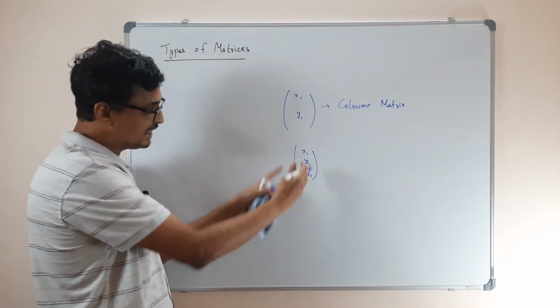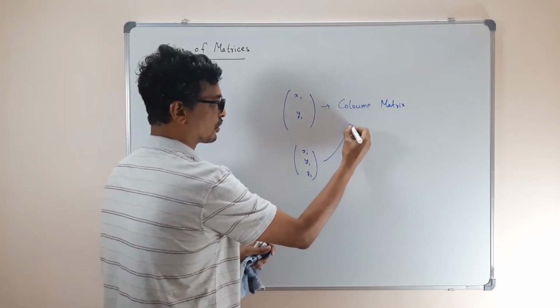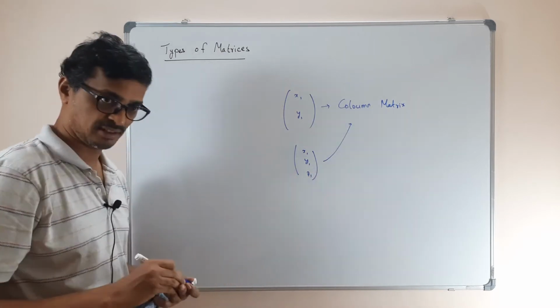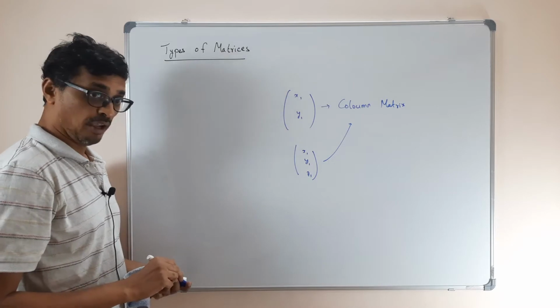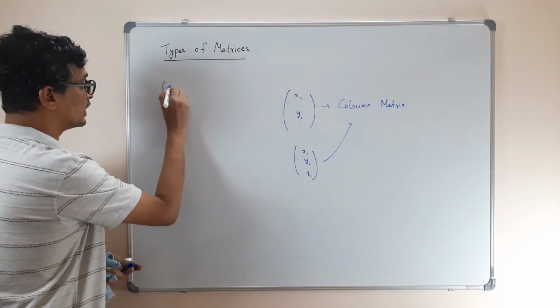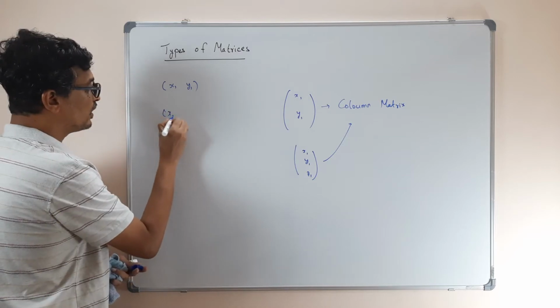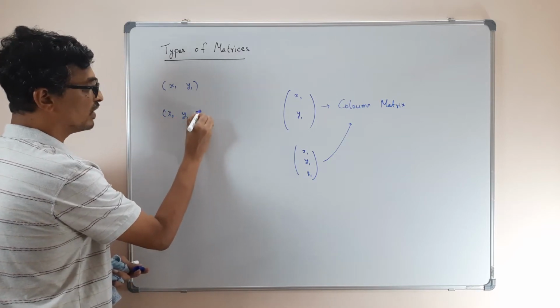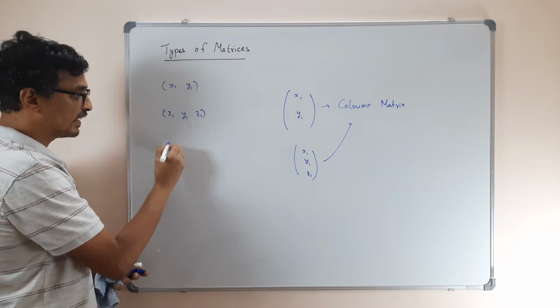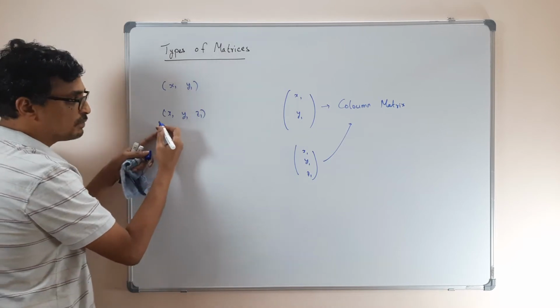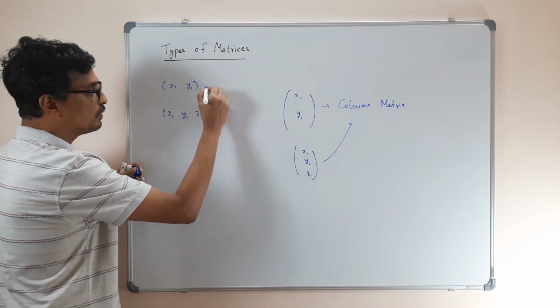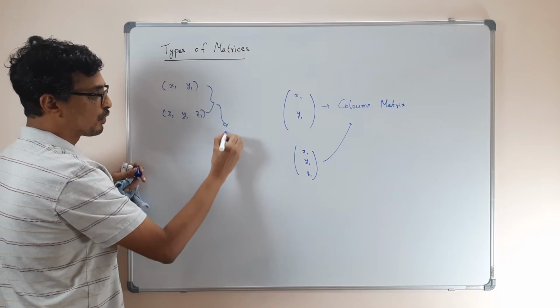These types of matrices are called column matrices. In the same way, I can represent this as x1, y1 or x1, y1, z1. When I represent them as a row, you call them a row matrix.